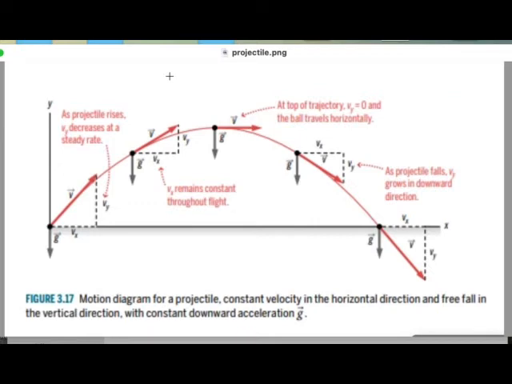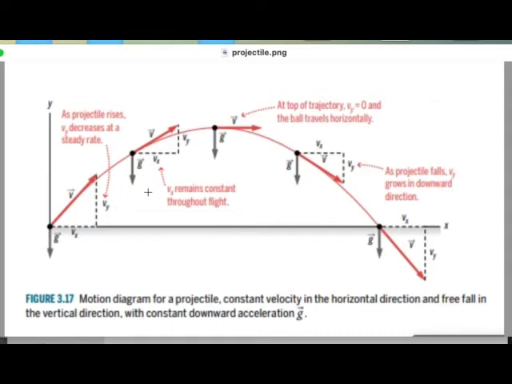Here's figure 3.17 from the textbook, showing a projectile following a parabolic trajectory. Study this and read about it in section 4 of chapter 3.